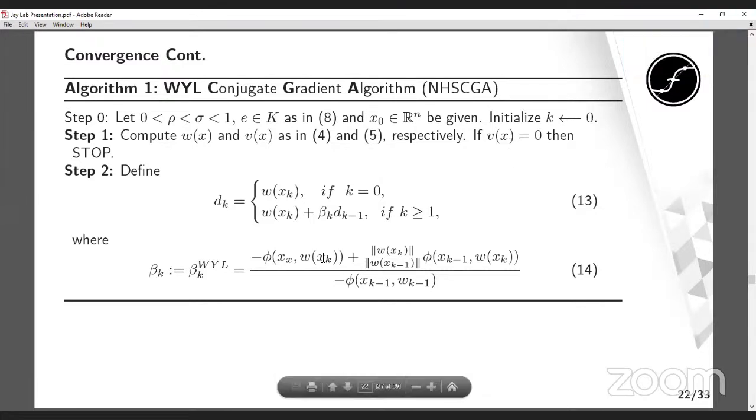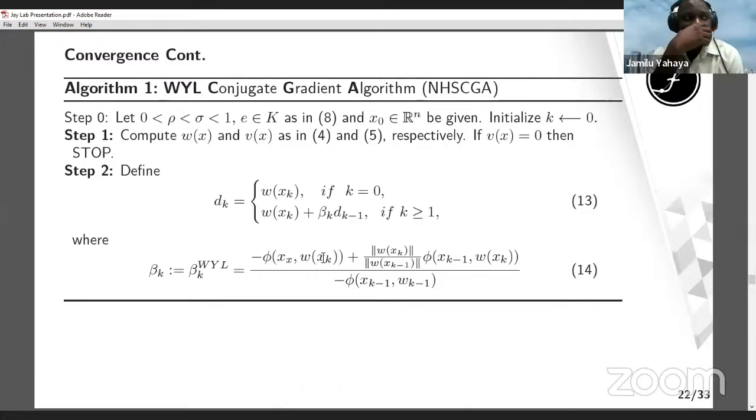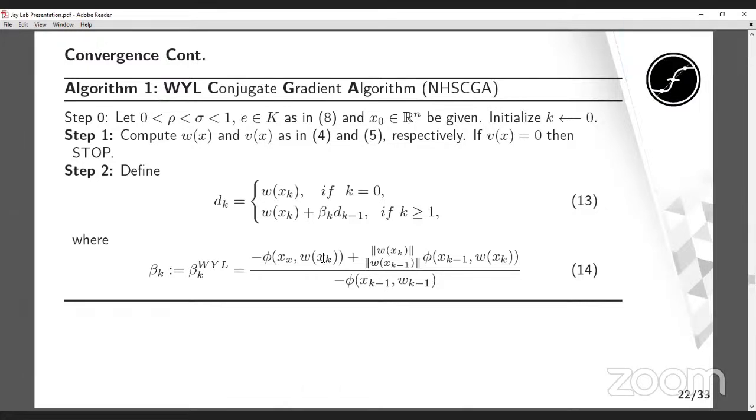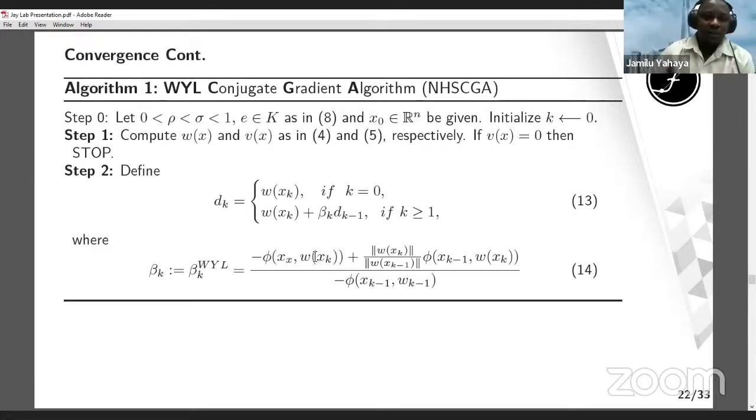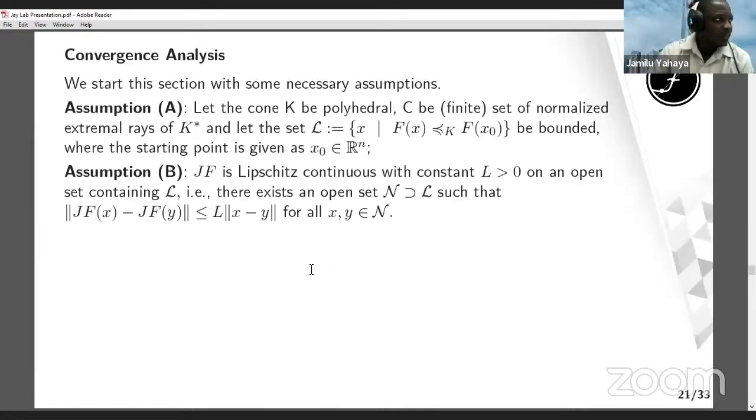I would like to know why do you think we should study this kind of algorithm, considering a bunch of algorithms existed in history? Yeah, that is why in the beginning I gave a motivation for studying this particular concept.